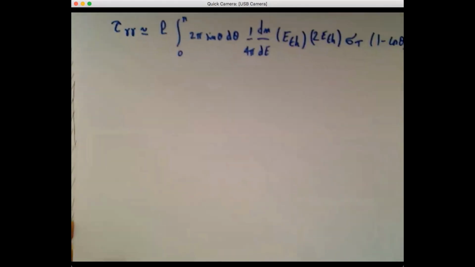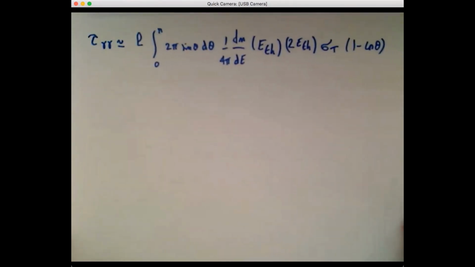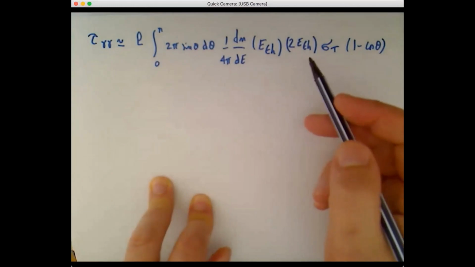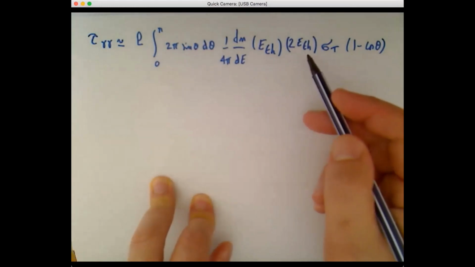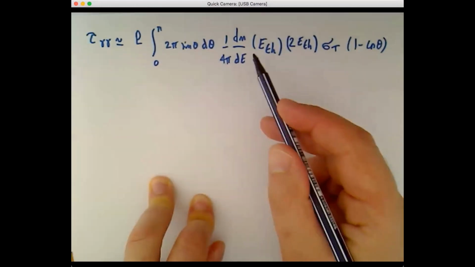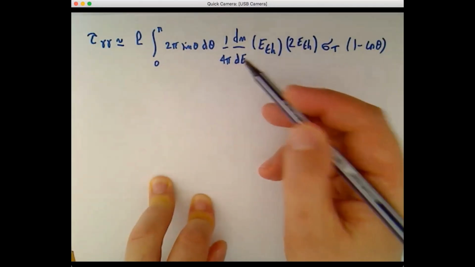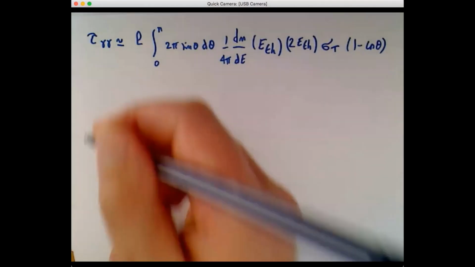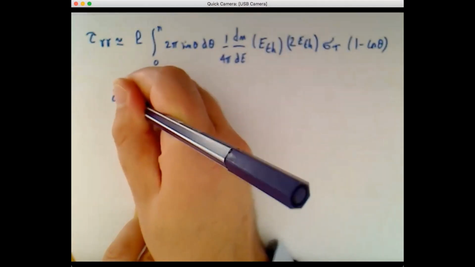Okay, so I have a new formula, which is a little simpler. I have already suppressed 2 integrals out of 3. And so now I just have to replace the threshold energy by the correct quantity, but I should know what the density of seed photons is.